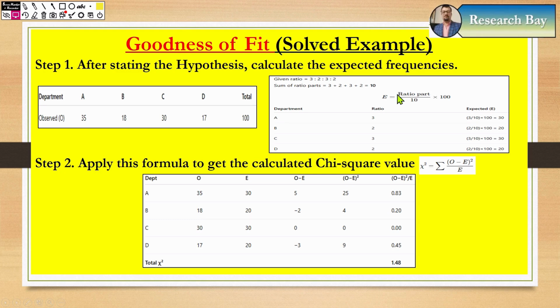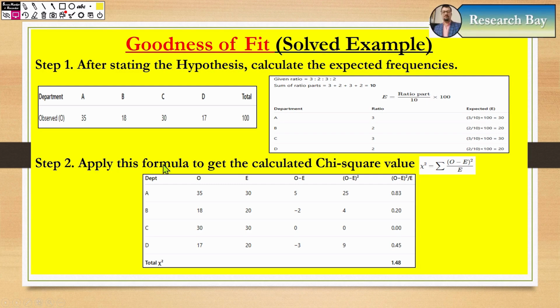The formula is simple. Ratio part, that is 3, divided by 10 into 100. That gives me 30. Ratio part 2 divided by 10 into 100 is 20. Likewise, we can do it for 3 and 2 again, which is the same as above, right? So we got expected frequencies as 30, 20, 30, 20.